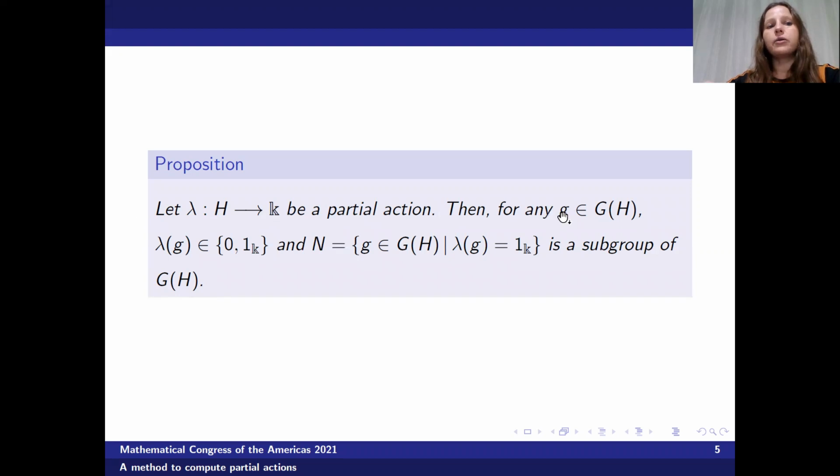Then for any group-like element g, lambda of g is 0 or 1, and the set of group-like elements g such that lambda of g is equal to 1 is a subgroup of G of H.